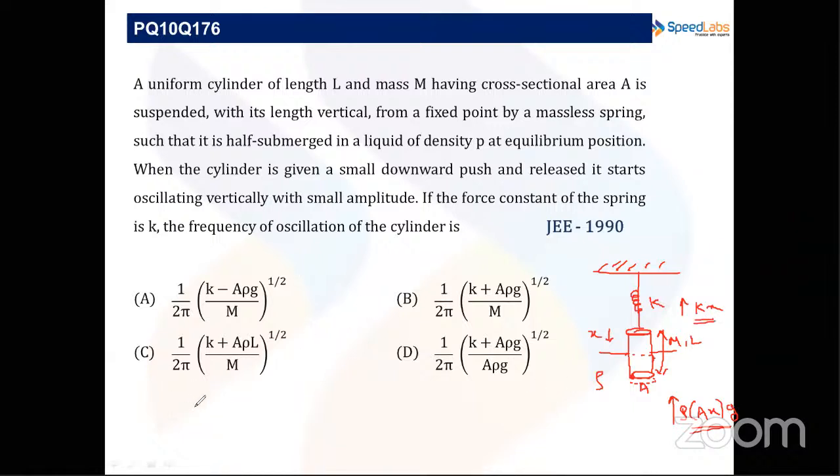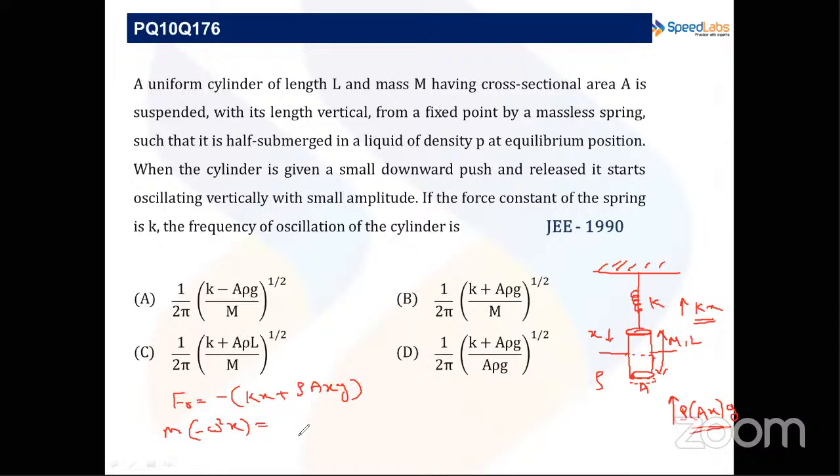So I'm starting from here. F restoring is equal to minus of their addition: kx plus rho A x g. And what can we write about F? F is mass into acceleration, and acceleration is minus omega square x if it is SHM.